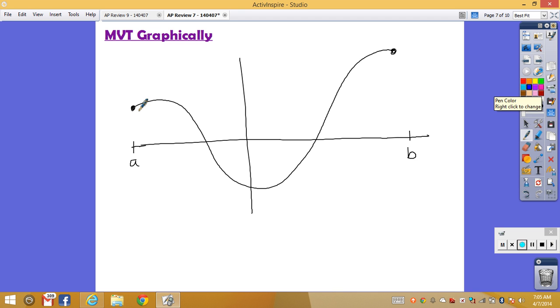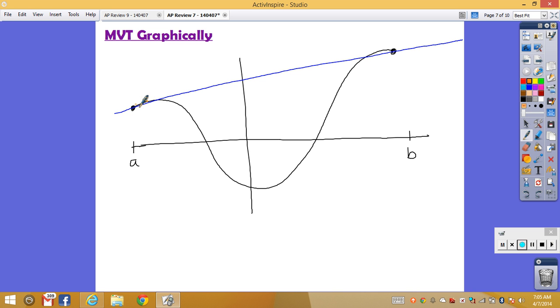And what this states is if I were to connect the endpoints, oopsie, a little bit off, and I find the slope between those endpoints, I'm guaranteed that there is at least one place on the function where the slope of the tangent will be the same as the slope of that blue line.